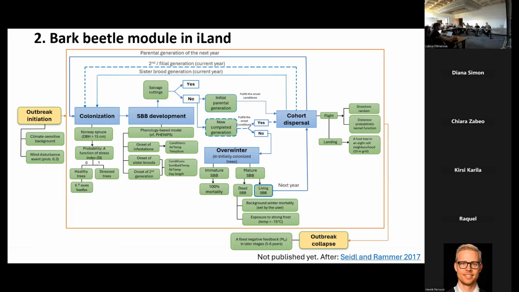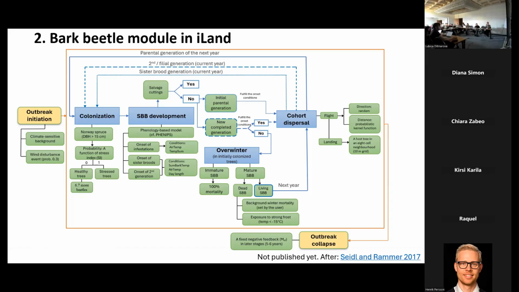The dispersal is in a random direction, but there is a kernel function that calculates the probability for one cell to be colonized, and the probability decreases with distance.